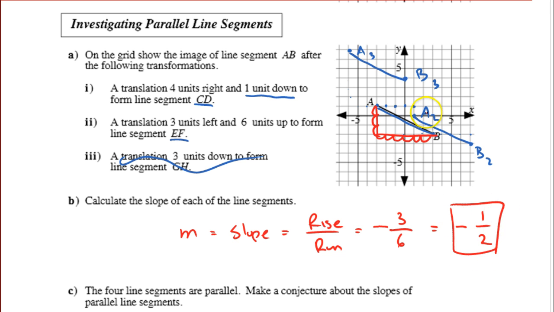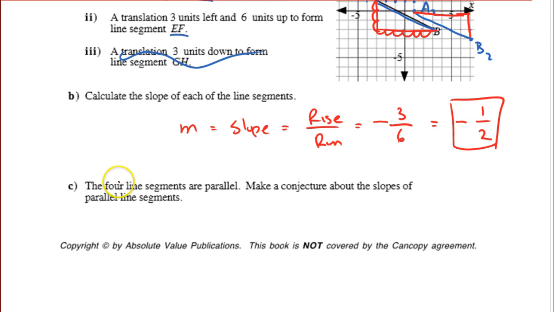Now, if we calculated the slope for the other 2 line segments, we would also find that it's going to be negative 1/2. So the conclusion here, it says the 4 line segments, and 3 in our case because we didn't do all 4, are parallel. Make a conjecture about the slopes of parallel lines.